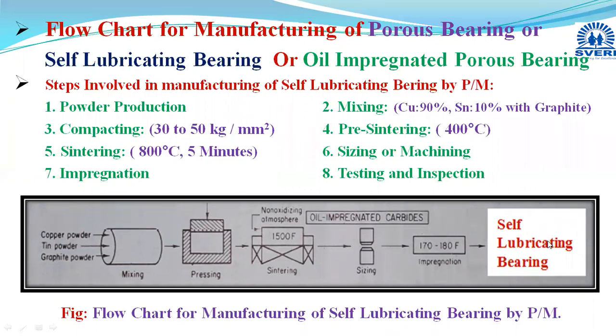And why is it termed a porous bearing? Because it has approximately 20 to 30% porosity. Hence it is also termed a porous bearing. And whichever pores are on the surface are filled with oil only, which will provide the lubrication in the practical use of that bearing.